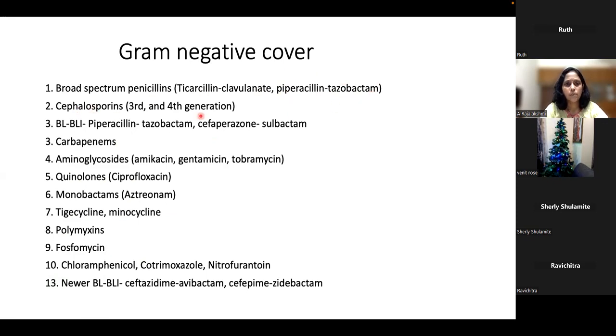Third and fourth generation cephalosporins, beta-lactamase inhibitors, carbapenems, aminoglycosides, quinolones, monobactam, tigecycline, minocycline, these later generation tetracyclines, polymyxins, fosfomycin, chloramphenicol, cotrimoxazole, nitrofurantoin, and the new BL-BLI, that is ceftazidime avibactam. All these are the main gram-negative backbone. Of this, some are outpatient treatments, some are for inpatient critically ill patients, and some are used for drug-resistant pathogens like carbapenem-resistant Klebsiella pneumoniae.